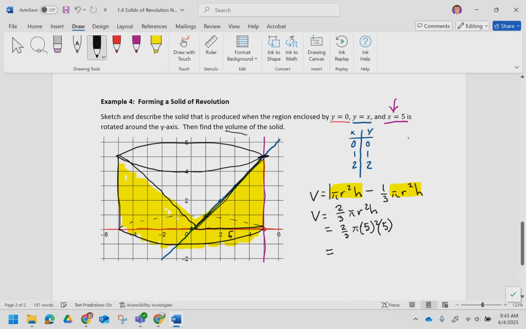So that's going to give us 250/3 pi, or approximately 261.8. And we're talking about volume, so that would be units. Volume is three-dimensional, units cubed.